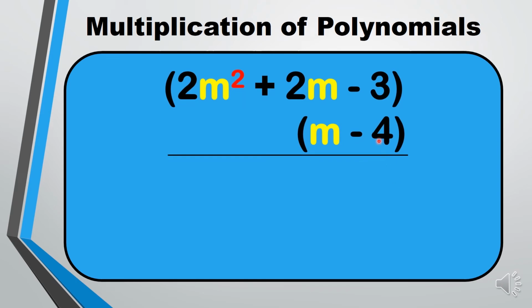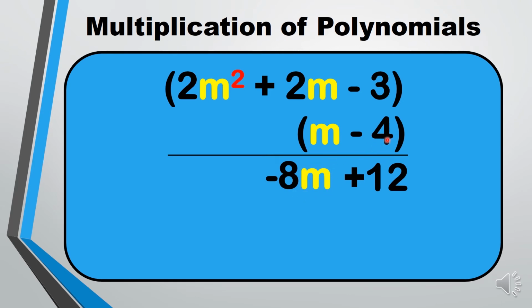Negative 4 times negative 3 is positive 12. Now, let's have negative 4 times 2m. We are going to multiply negative 4 to its numerical coefficient 2. And the answer is negative 8, and let's copy the variable m.